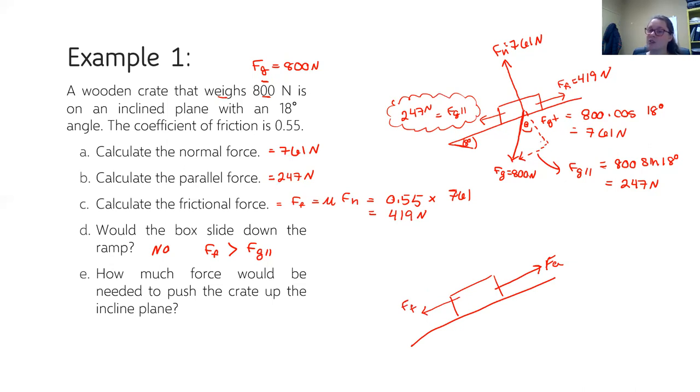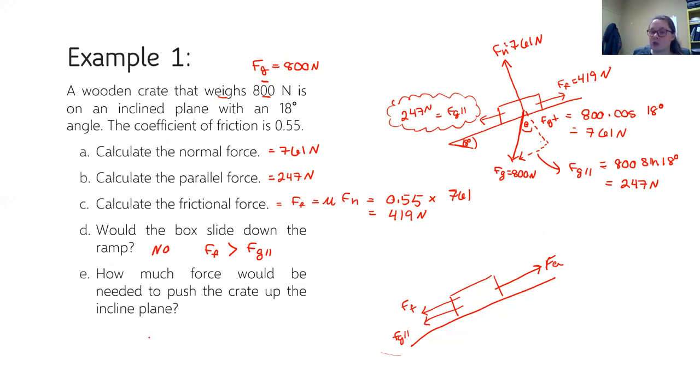Here friction was up the ramp because I wanted to know would it slide down, so the motion was down. But now when I want to push it up, friction stays the same in size, but it switches directions. And the force of gravity, Fg parallel, still pushes down. So I know my applied force has to be greater than the sum of these two.